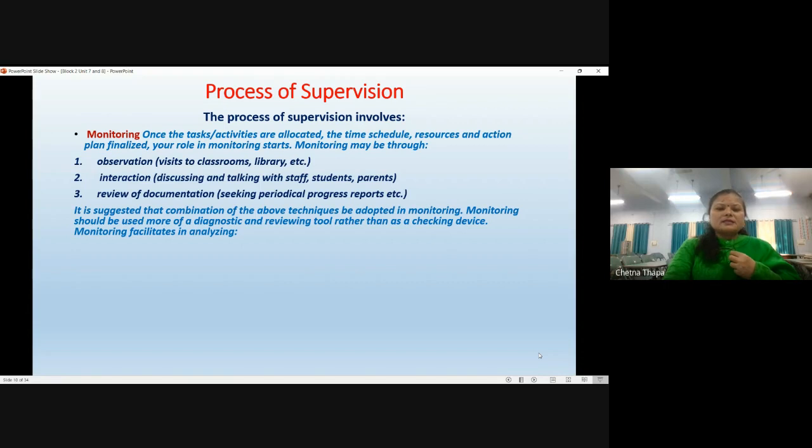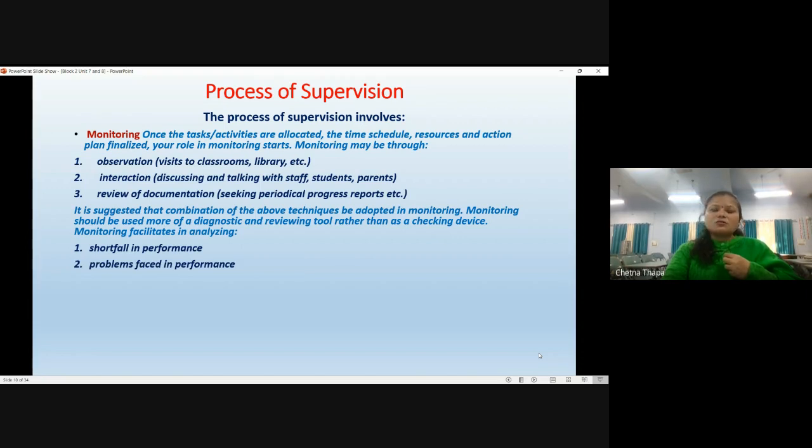Monitoring also helps in analyzing how it is being done, because you can come to know the shortfall in performances. If you have visited a classroom and you are observing a teacher, you can see the performances in front of you. You can find the gaps, where the teacher is lacking, and problems faced in performances.